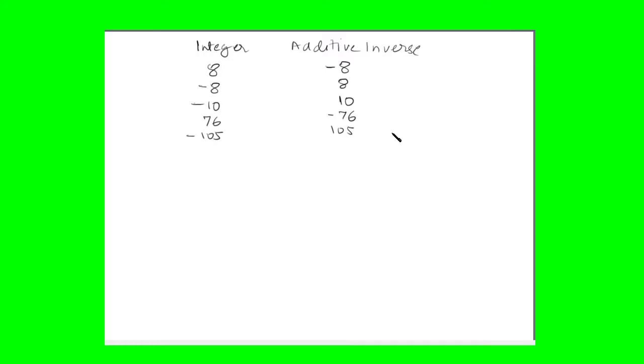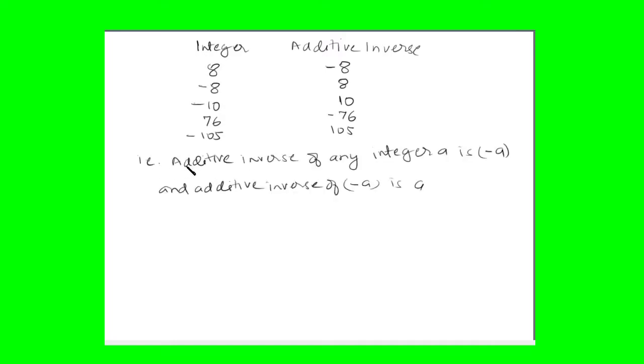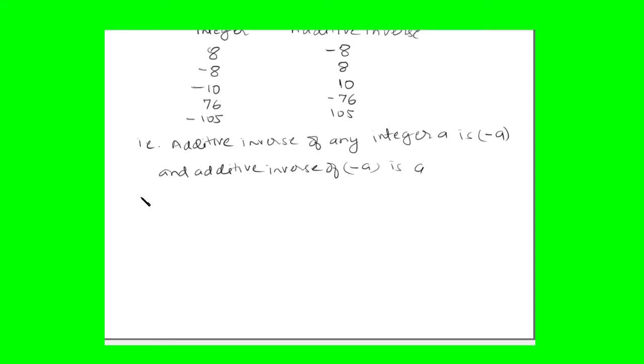So when a number is added to its additive inverse, we get 0 as a result. Now we write that the additive inverse of any integer a is minus a, and the additive inverse of minus a is a.